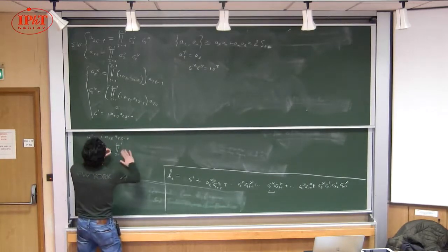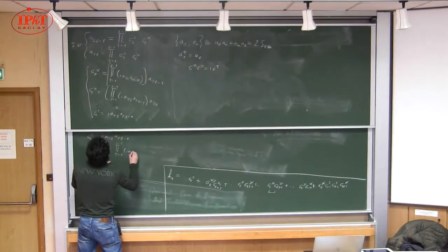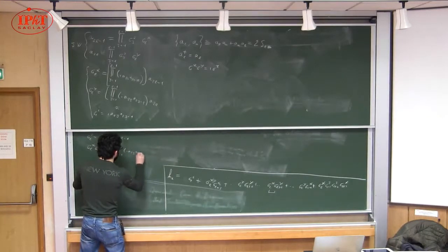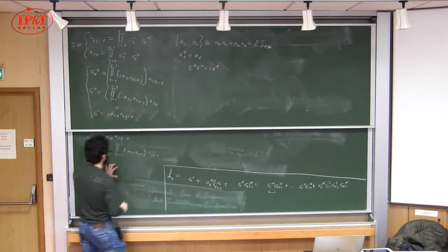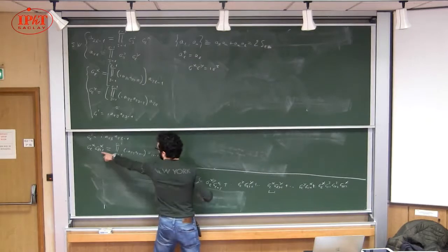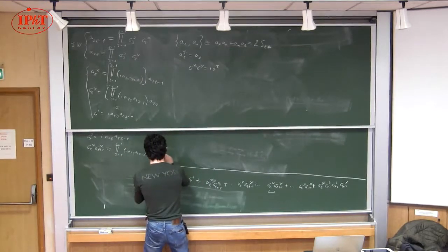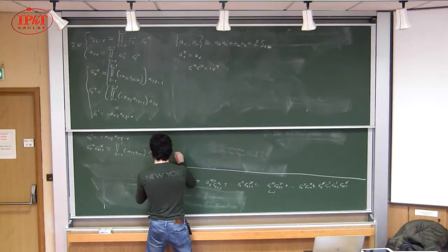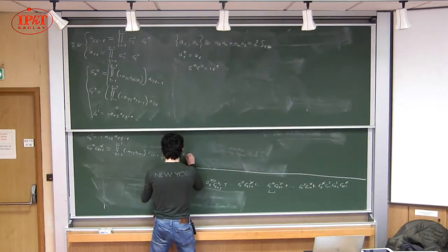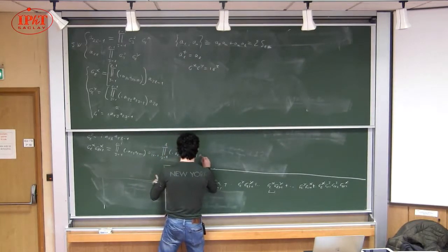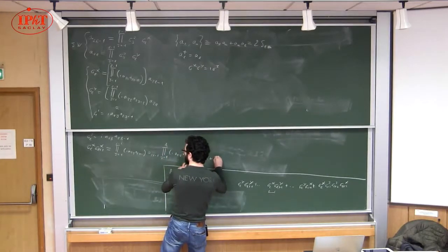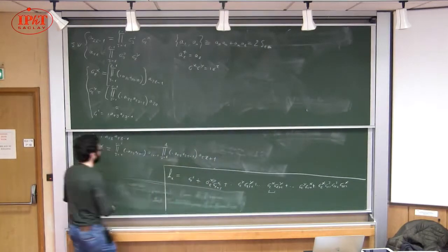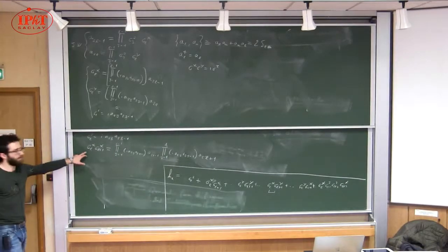So sigma x, it will be the product of i a_{2j-1} a_{2j} times a_{2l-1}, times itself, but now in the position l plus 1: product j from 1 to l of i a_{2j-1} a_{2j}, times a_{2l+1}.